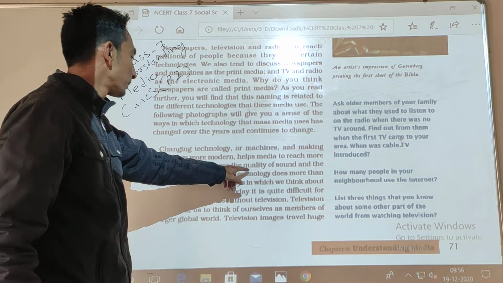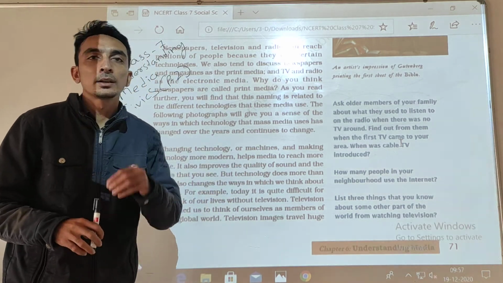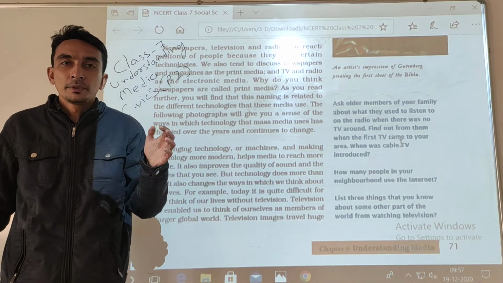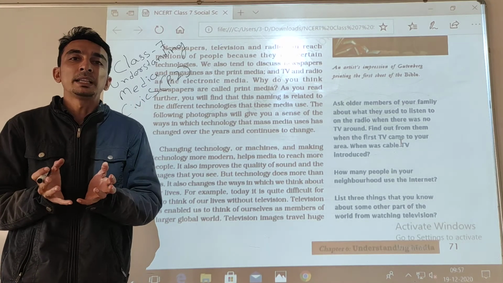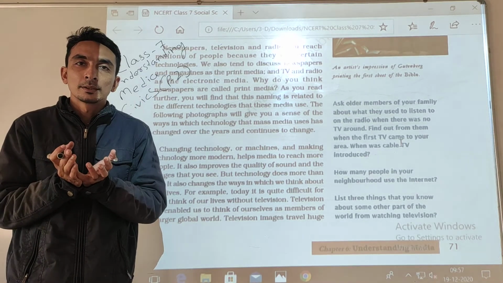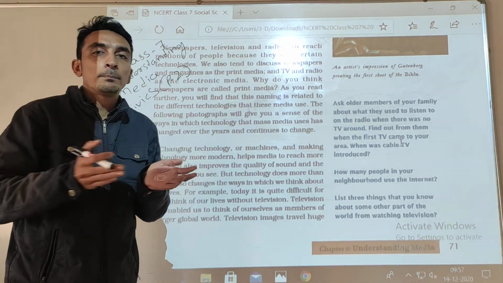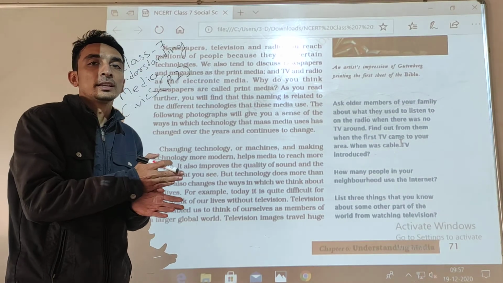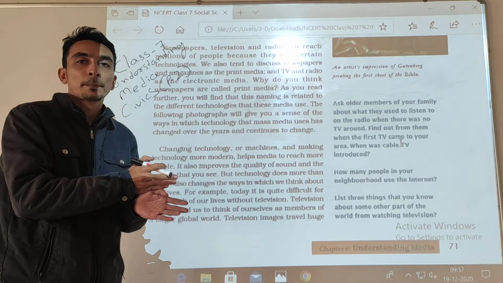It also improves the quality of sound and image that you see. Let me give you an example: television, TV. We have a very simple TV, black and white. Okay, now the black and white TV has been replaced by the colored TV, then HD, high definition, then 4K.